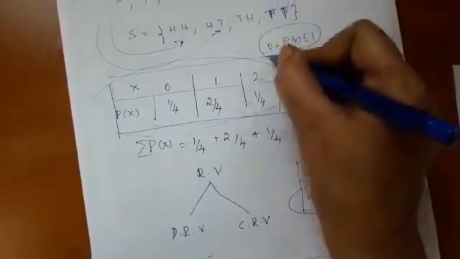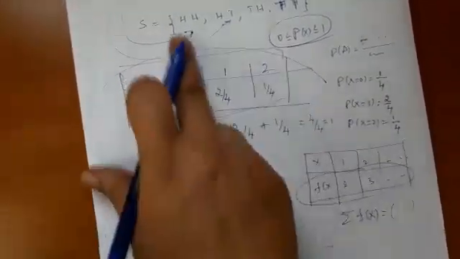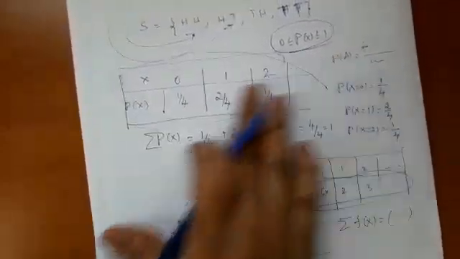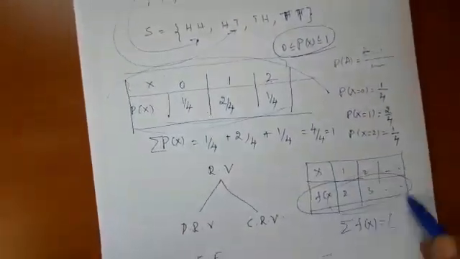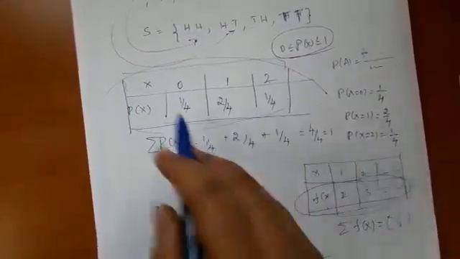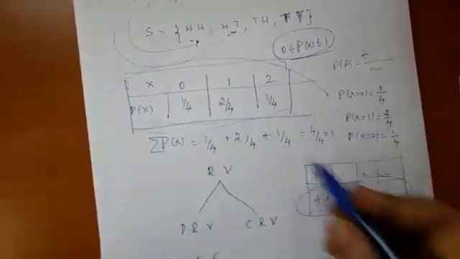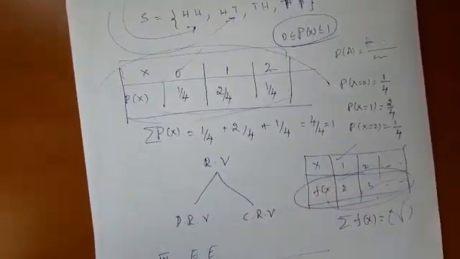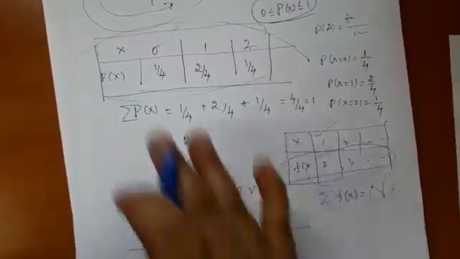For any sample space or event, the total probability must be 1. So here the total frequency gives the total strength, and there the total probability must equal 1. This is the difference: this table is called a probability distribution table, and that table is called a frequency distribution table.